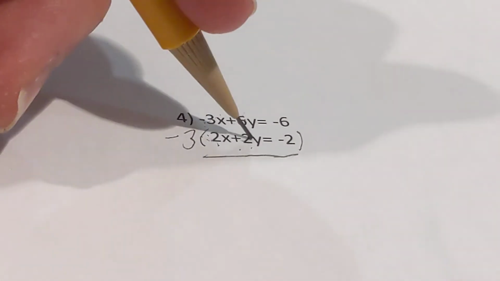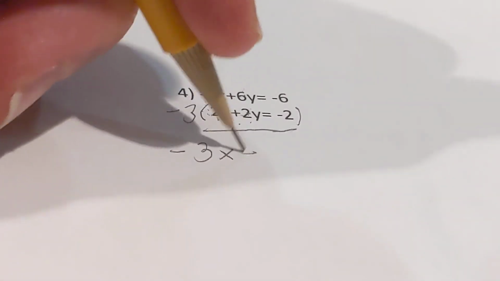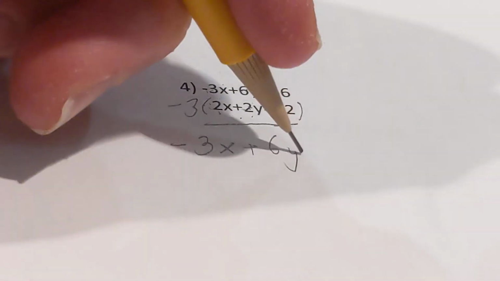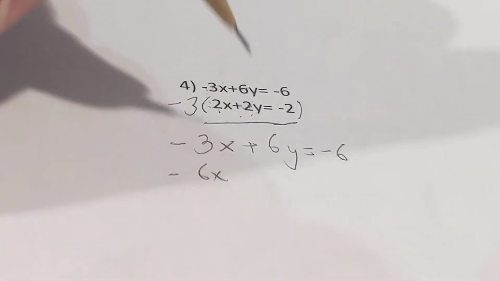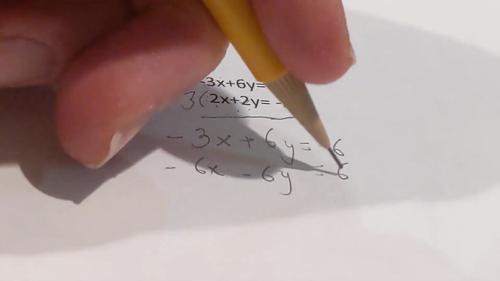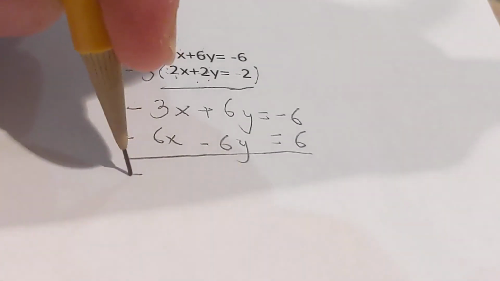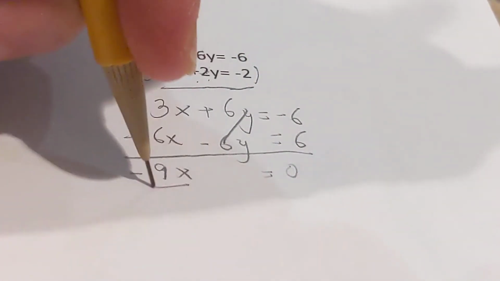Again, it's going to be the whole bottom. We can't just do this term. Let's rewrite. So that's negative 6x minus 6y equals 6. So we've got negative 9x equals 0.